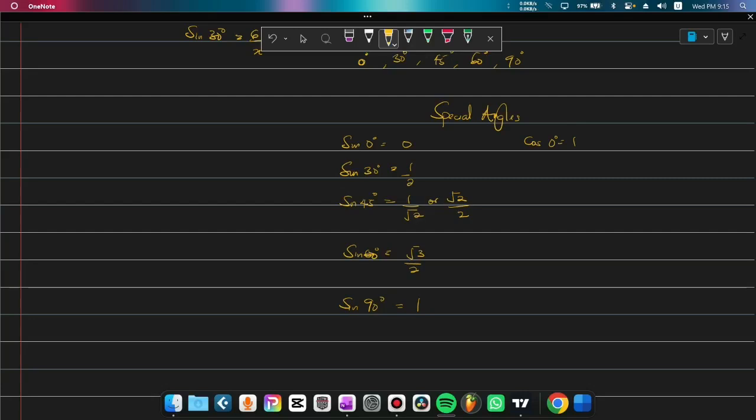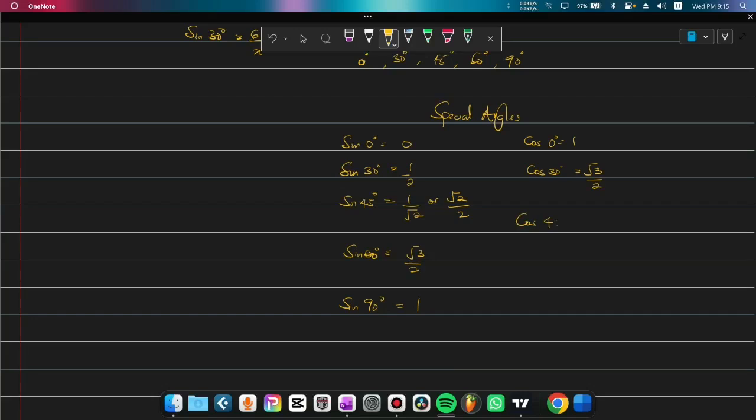Therefore, sine 0 would be exactly the same thing as cosine 90, and cosine 0 would be exactly the same thing as sine 90, because they go in opposite directions. Cosine 30 would be exactly the same thing as sine 60, which is root 3 over 2.